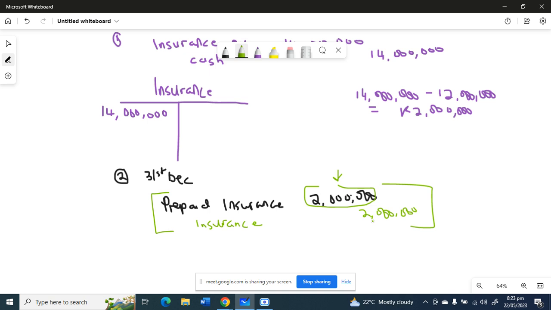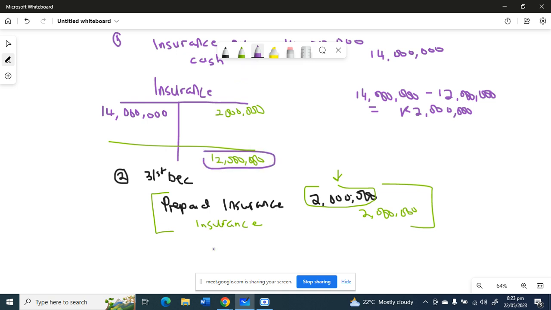So 14 million minus 2 million is 12 million. This is the expense that should be reflected in the statement of profit or loss.